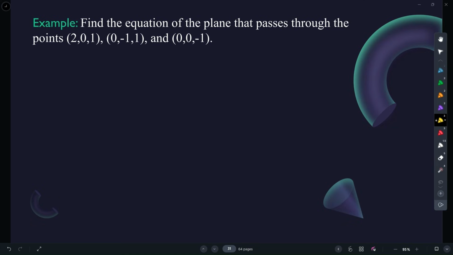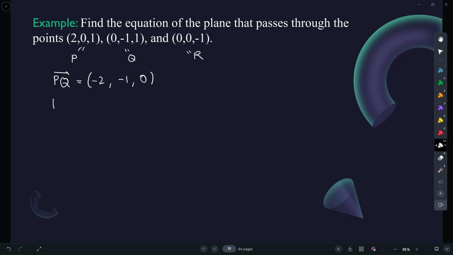Let's do that again, but now with the 3 points 2, 0, 1, 0, minus 1, 1, and 0, 0, minus 1. Let me give these names. This is going to be my point P, my point Q, and my point R. The vector from P to Q will be the difference: 0 minus 2, that's minus 2, minus 1 minus 0, that's minus 1, 1 minus 1 is 0.